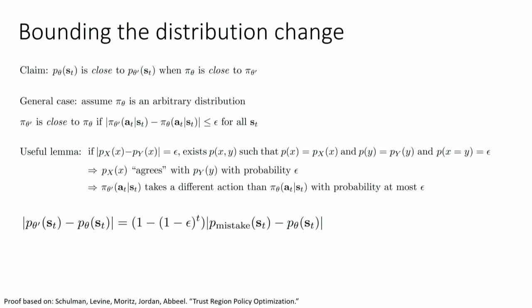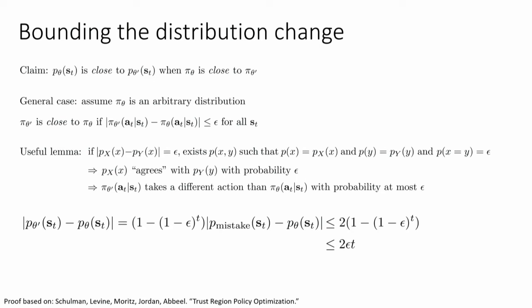So that's exactly the same as on the previous slide. And we bound it just like we did before by 2 times epsilon to the t. So long story short, using this very useful lemma, we can do exactly the same thing that we did before, except that now pi theta is stochastic, and instead of assuming that we take a different action with probability epsilon, we assume that we have a bounded total variation divergence.